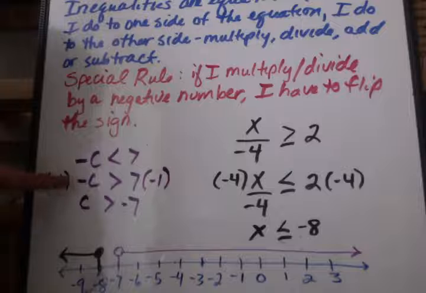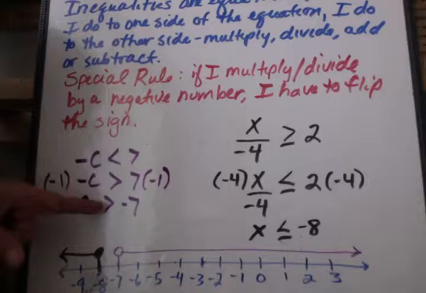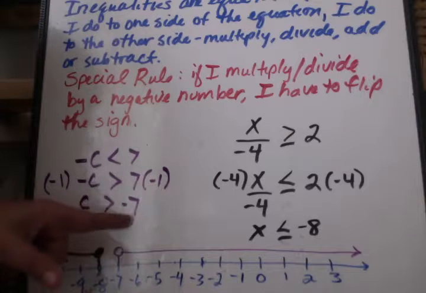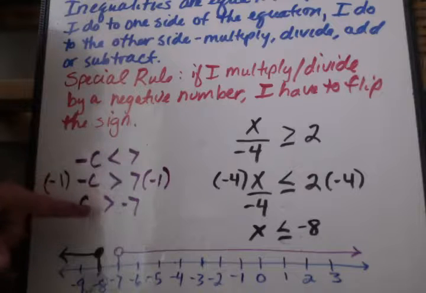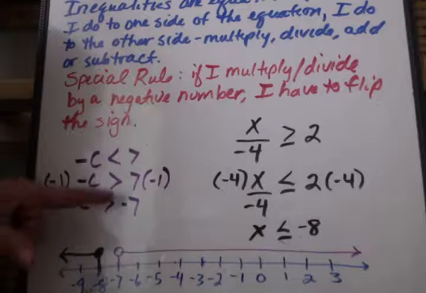And negative 1 times negative c, two negatives multiplying, is just going to be a positive c. And 7 times negative 1 is negative 7. So basically, negative c less than 7 becomes c greater than negative 7.